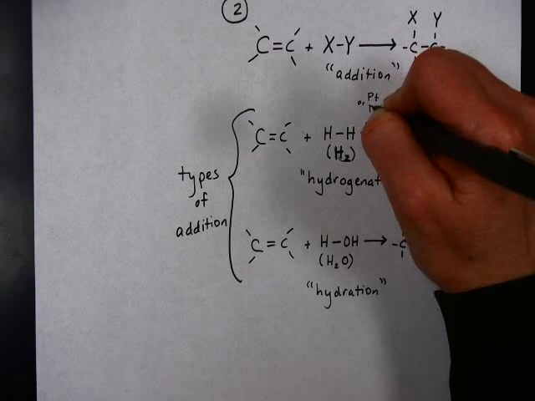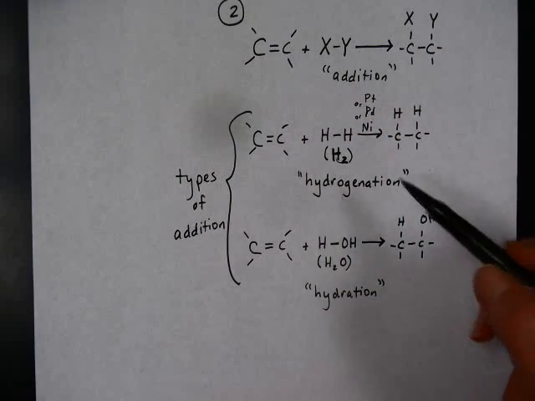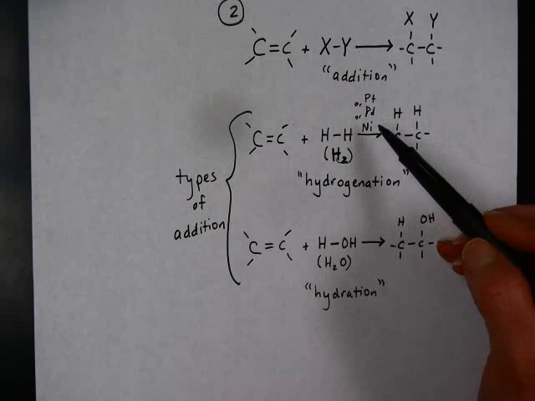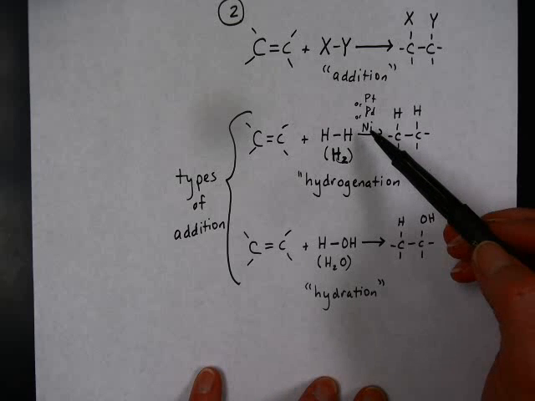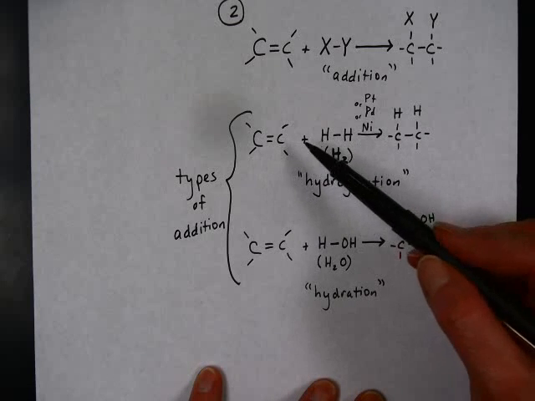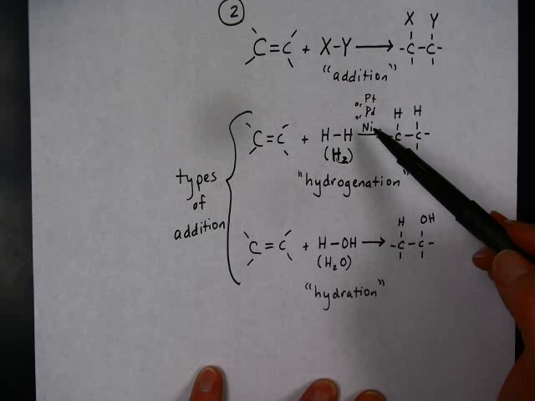Or it might be palladium. Either way, the way you know that it's a catalyst is it's written above the arrow like this. That tells you that's just a catalyst. It's necessary for the reaction to happen with any reasonable speed, but it's not a reactant, it's not a product. It's kind of like a helper to make the reaction happen.